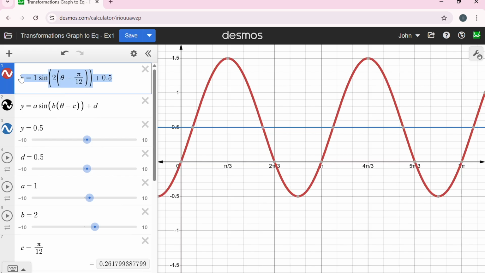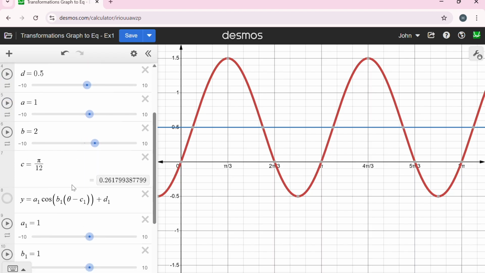Okay, part B, state the equation of the same function in the form y equals a cosine of b x minus c plus d, where a is greater than 0. Okay, so we looked at this. Let me do this. I'm going to turn this off. Let's keep the sinusoidal axis on. I'm going to look at the cosine function here.